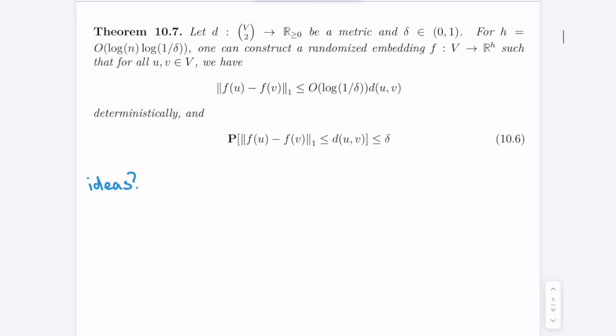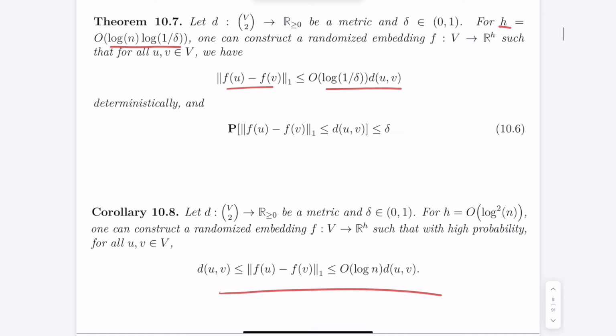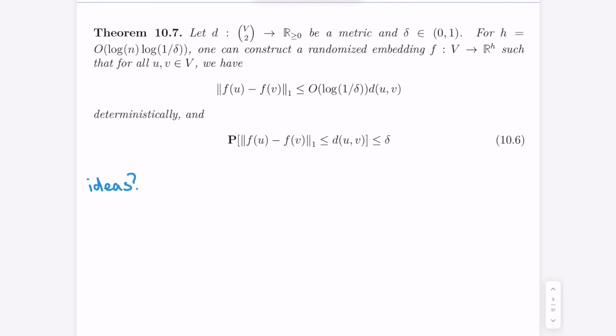This is for any particular u, v. And then if you set delta to be 1 over n squared, then you get the union bound. I won't worry too much about this today. The more interesting ideas are elsewhere, but this is the way it's set up.